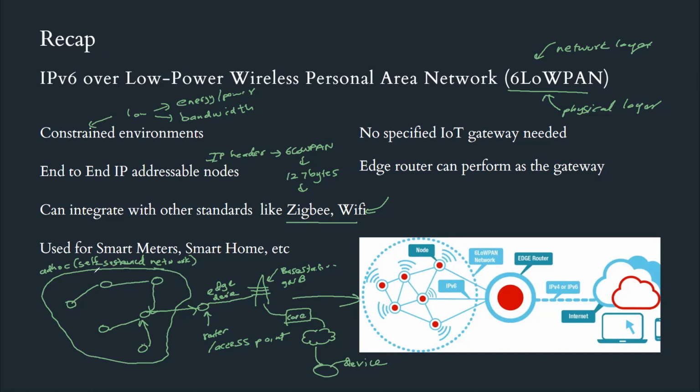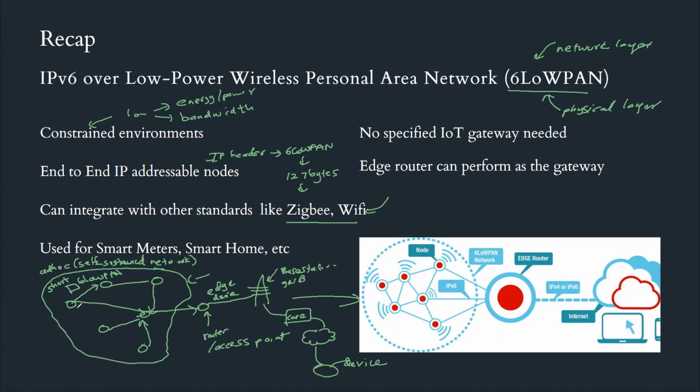So specifically talking about this ad hoc network, we need to use this 6LoWPAN protocol in the network layer to transmit the packets. These devices will be transmitting the packets using the 6LoWPAN protocol, which uses short packets for the data transmission. So the amount of energy used by the devices to transmit the packets will be lesser because the packet size is lesser when compared to IPv6.